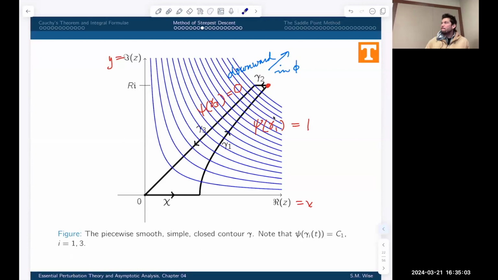Do we need phi decreasing so the integral over gamma 2 doesn't blow up as we start sending lambda to infinity or something like that? Yeah, so the whole point is we want to get rid of the complex part, number one, and replace it with integrals that are only real and can be treated by our Laplace methods.